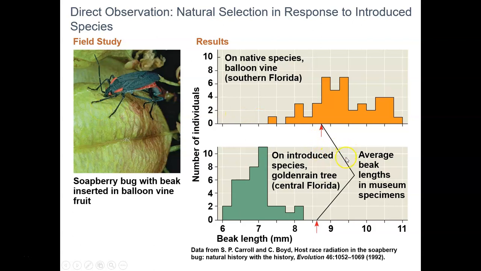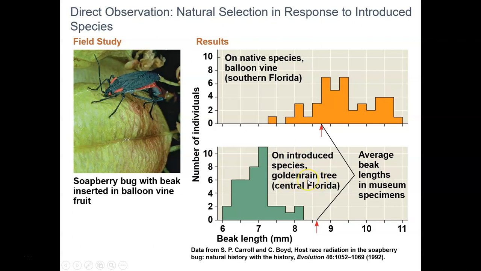There's an introduced species of tree called the golden rain tree that has fruits that the soapberry bug can also access. The golden rain tree is found in central Florida, and soapberry bugs that feed on the golden rain tree were predicted to have slightly different types of beaks, or feeding mechanisms, for eating the seeds of the introduced golden rain tree.